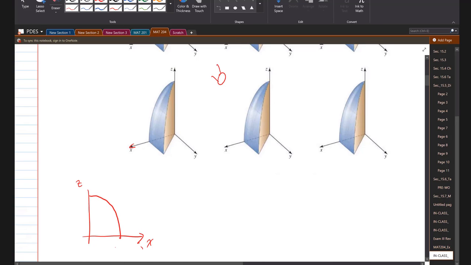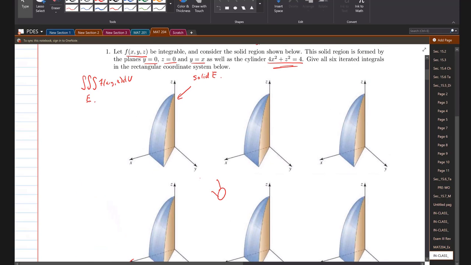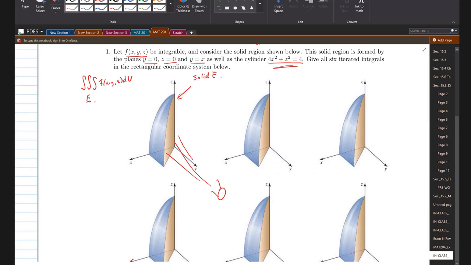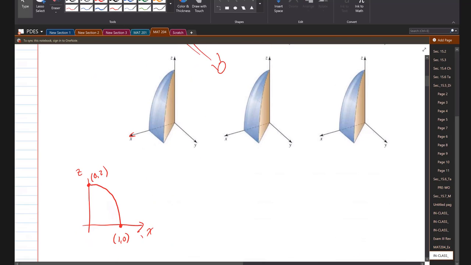This would be the coordinate 1, 0. This would be the coordinate 0, 2. And again, when we shine a light onto this solid, the shadow that it makes in the xz plane looks like this picture here.